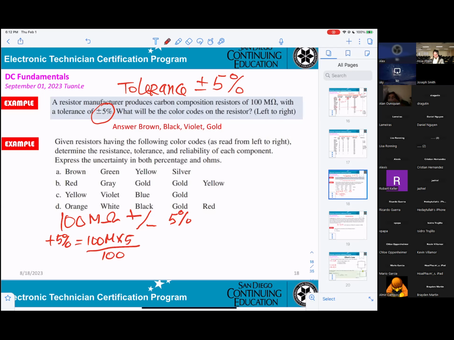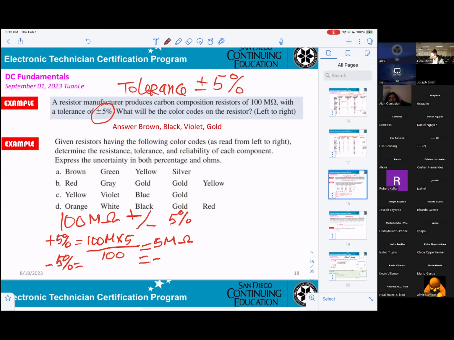Times 5 divided by 100 is 5 mega, 5 million. And if you get a minus 5%, you calculate the same thing, and it will be given to you as minus 5 mega ohm.